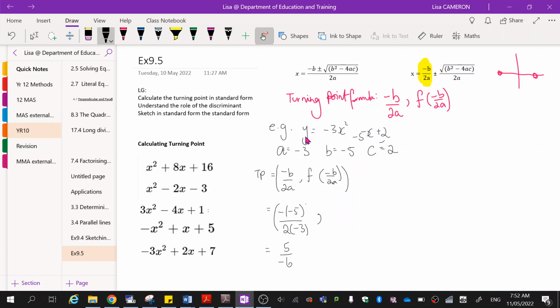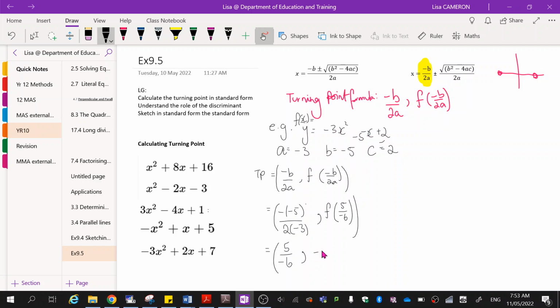Because remember, I could say this as y equals, or I could say it is our function at the point where x is this number. So now I'm going to substitute back into this function when x is 5 over negative 6. Our x coordinate is this, and now to figure out the y coordinate, I'm putting it back into the function.